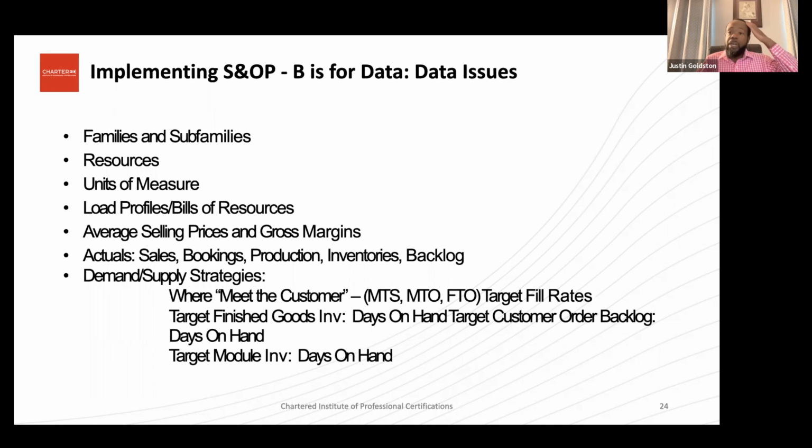Our resources, again, our employees, our machines, our facilities, are all machines set up within a system? Is the maintenance set up in the system so that the downtime for a machine is considered whenever we're making forecasts, right? Units of measure is very important.